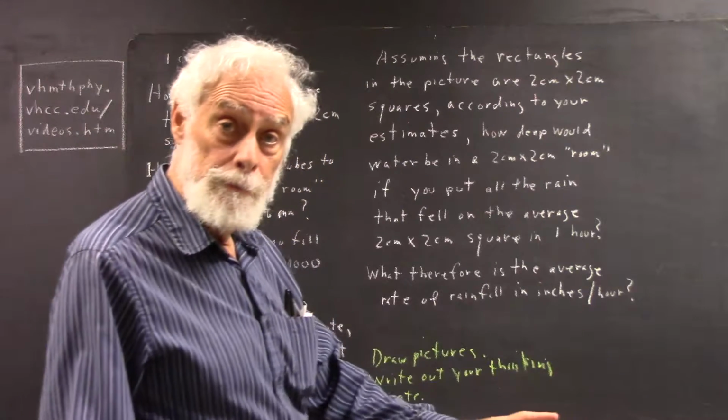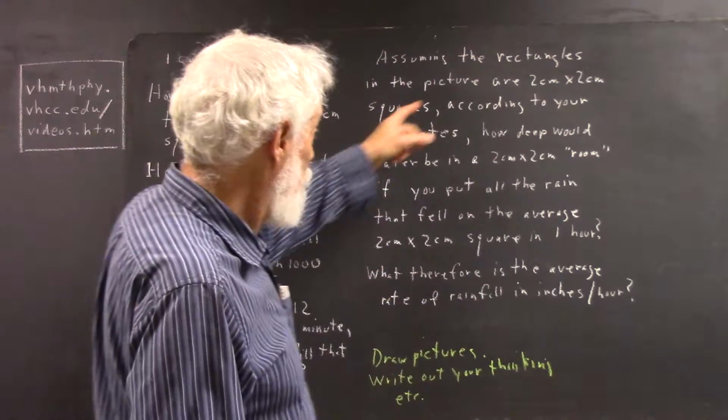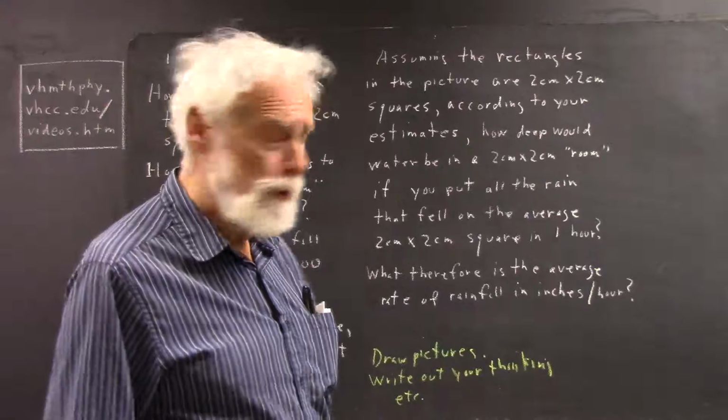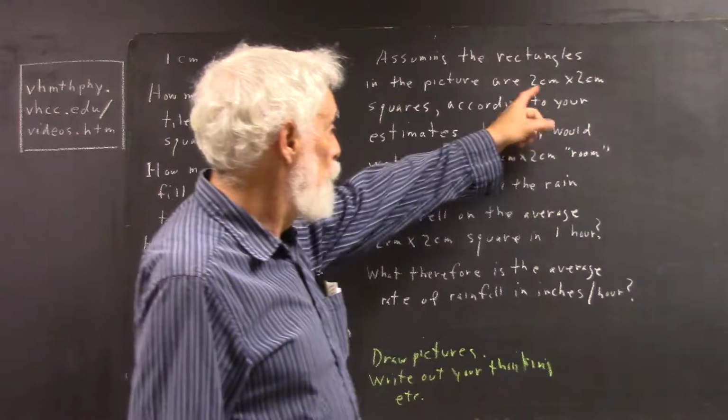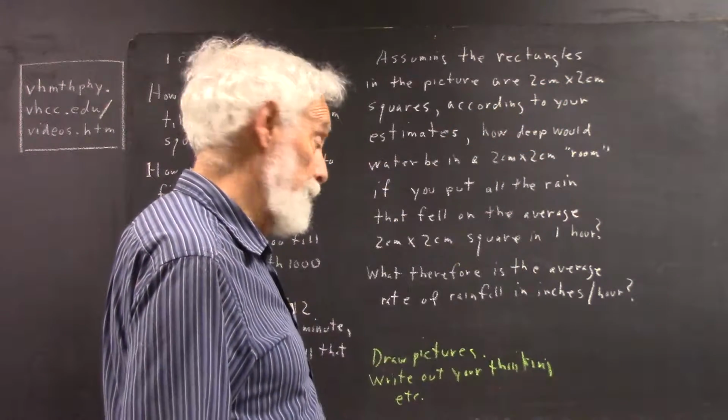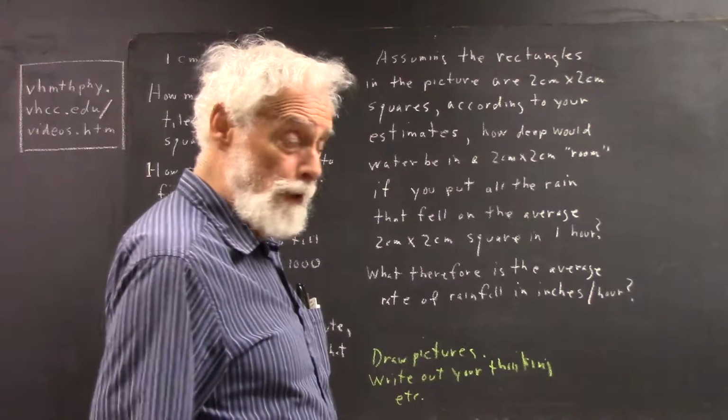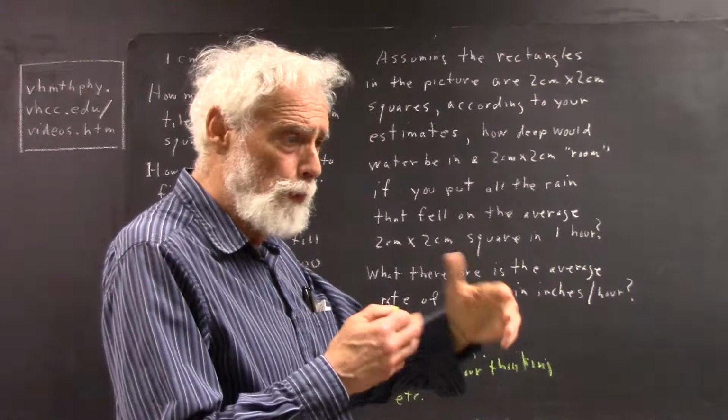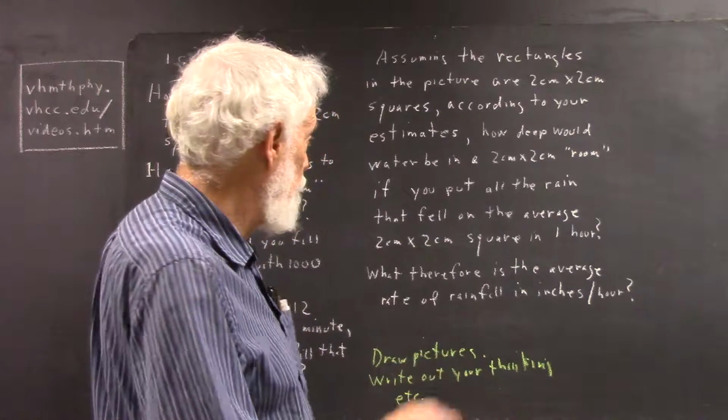And we're going to assume that the rectangles, the red rectangles that are part of your picture, are actually 2 centimeter by 2 centimeter squares. Okay, now they're close. They're about 2 centimeters wide. I'm not sure I got the height right because I didn't have a scale to go by.